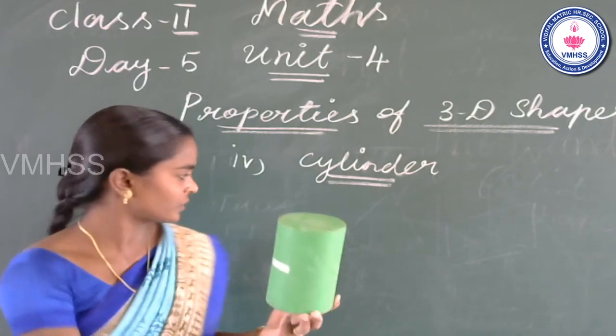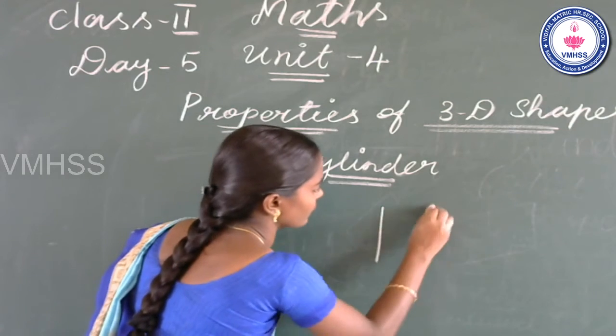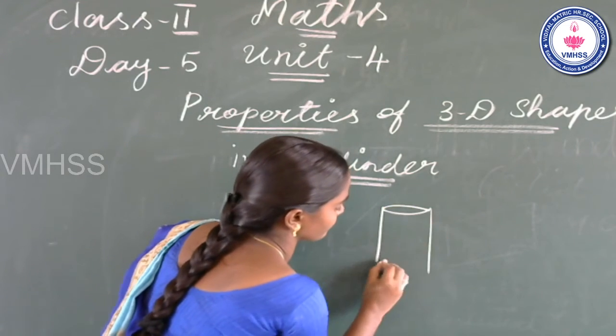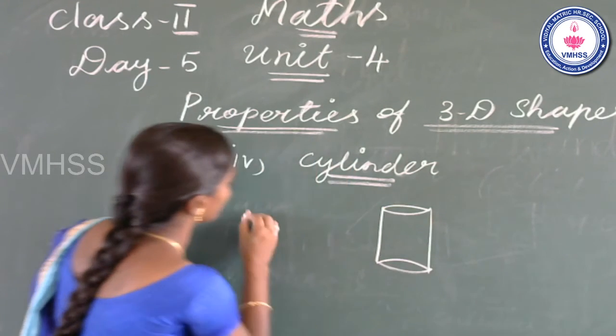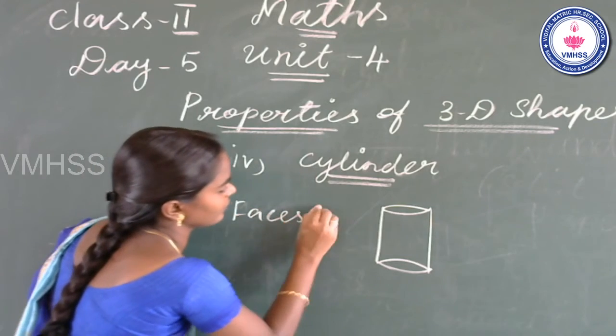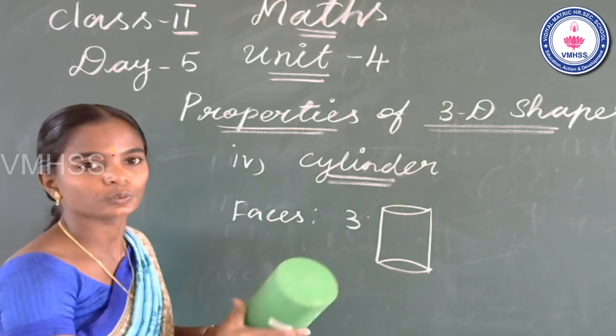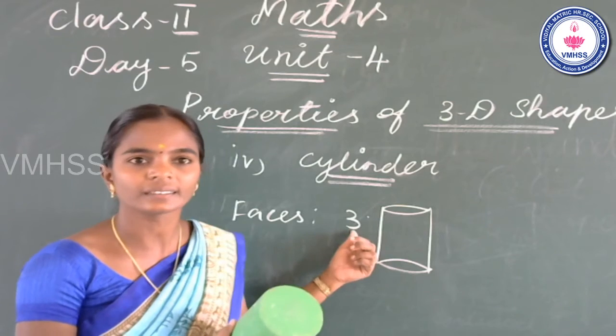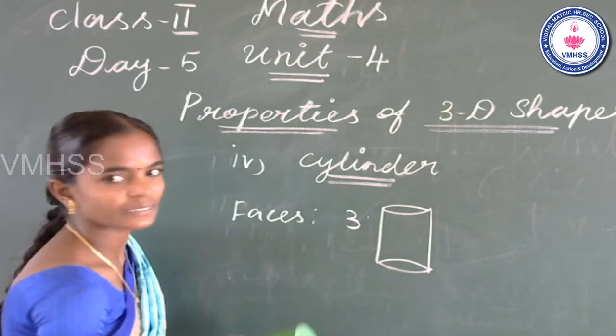Okay, next children, listen. First we will draw the cylinder shape. Number of faces 3: 2 flat faces and 1 curved face. Next, edges.